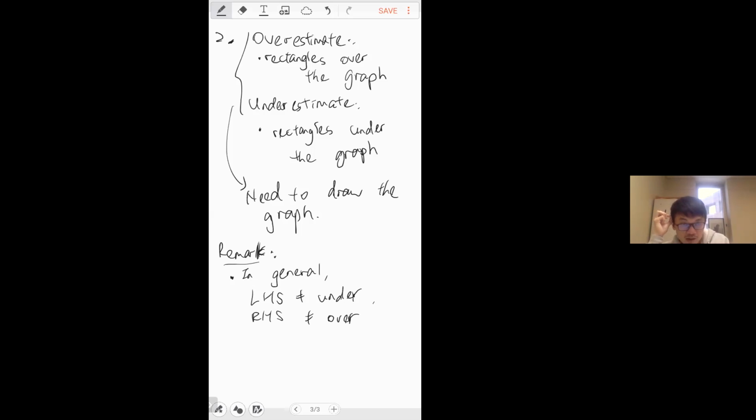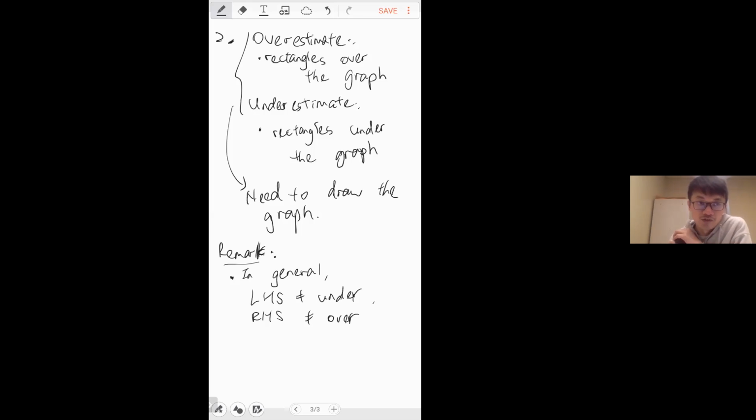For increasing and decreasing functions, this might be correct. But which one is which? So for increasing functions, left-hand sum will be the same as underestimate. Right-hand sum will be the same as overestimate.